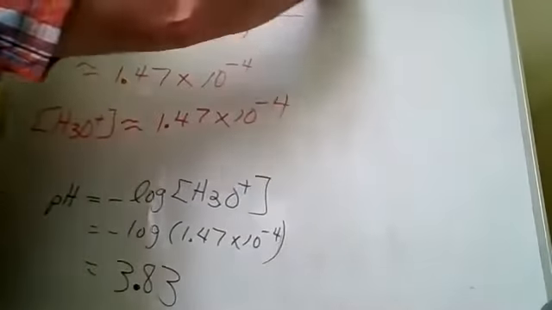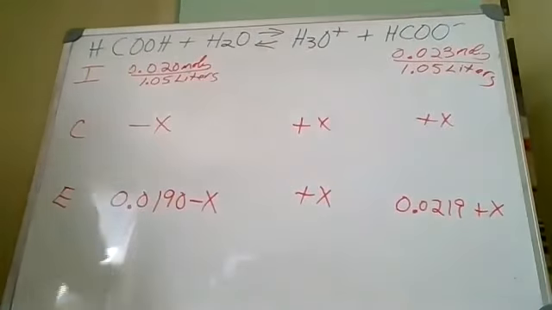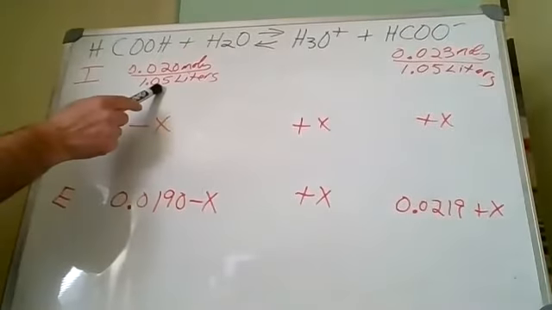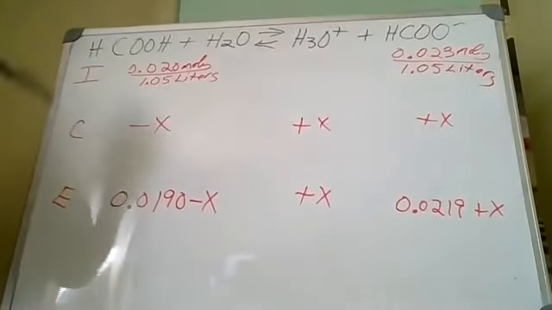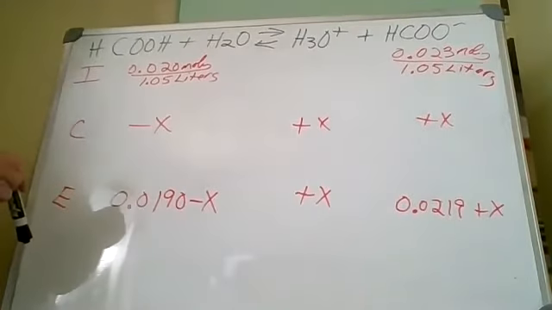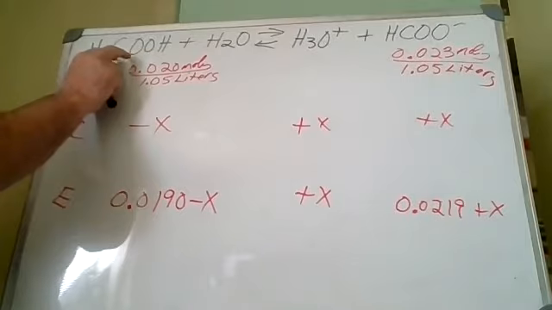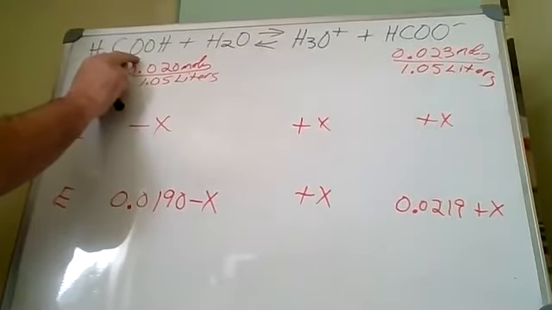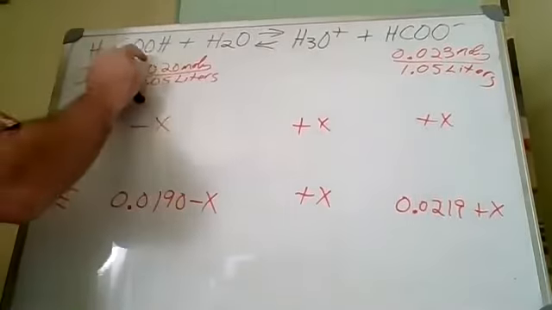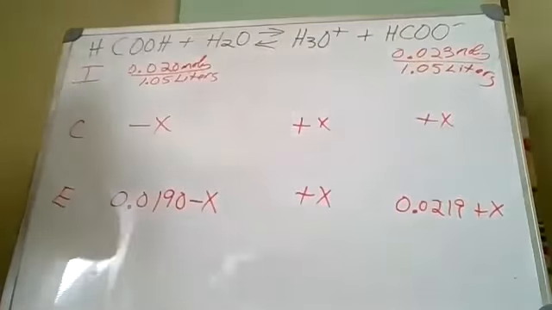Let's just go back and summarize everything that we did. Okay, we set up the ice table here, right? Again, the whole key to this is recognizing that whatever amount of strong base you add, it's going to neutralize an equivalent amount of the weak acid, right? And when the weak acid gets neutralized, the weak acid molecules are converted into the conjugate base, all right?